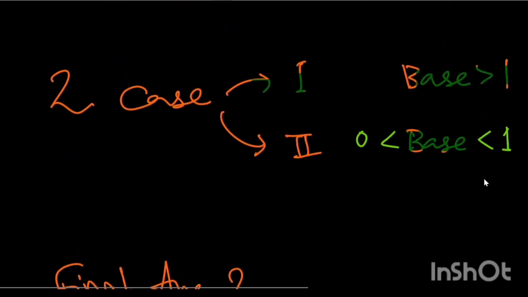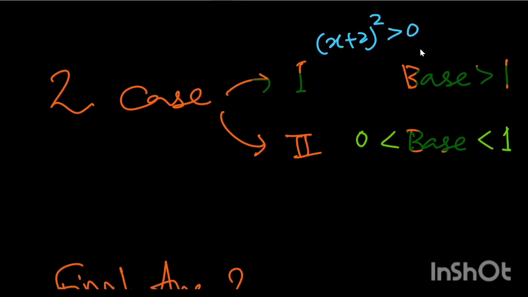So what is the final answer, guys? First case we will solve: base greater than 1, and we will also use the fact that x plus 2 whole square should be greater than 0. So clearly x shouldn't be equal to minus 2, and otherwise any value will do.